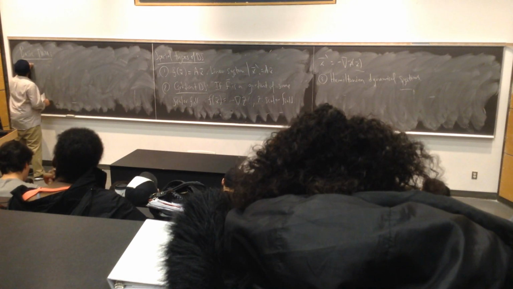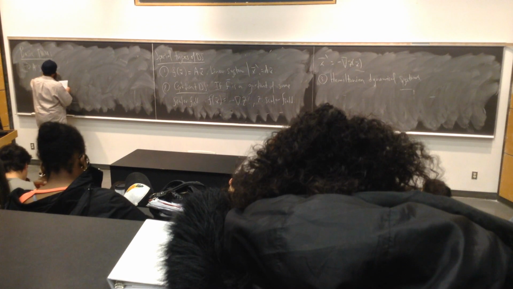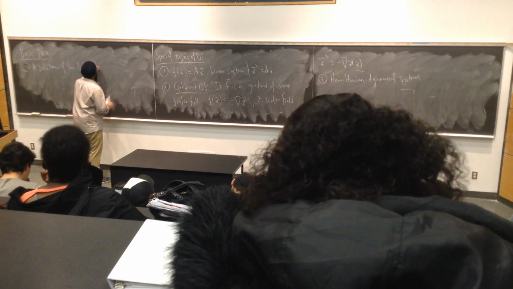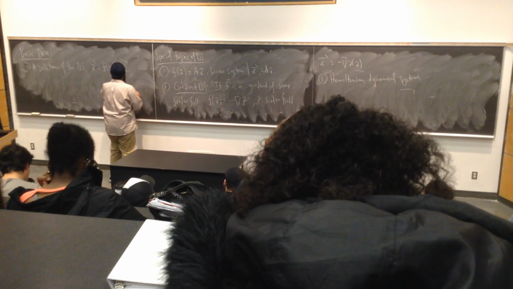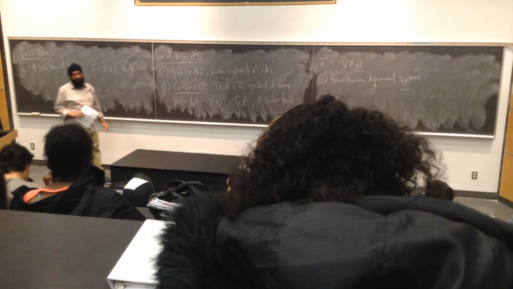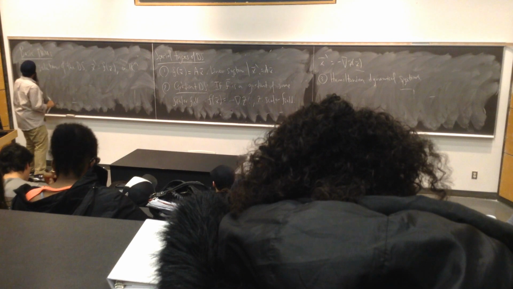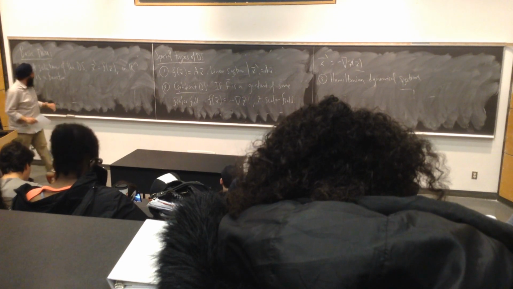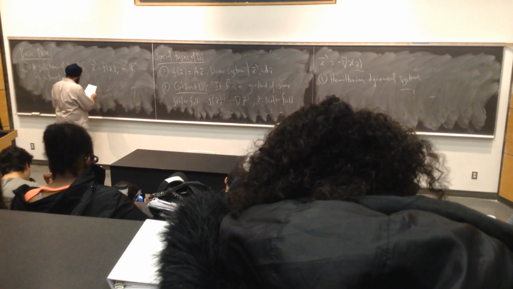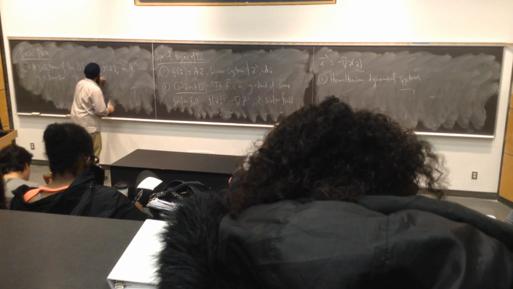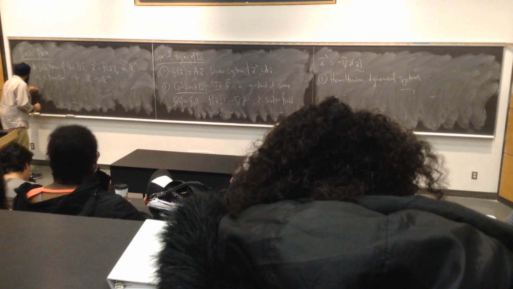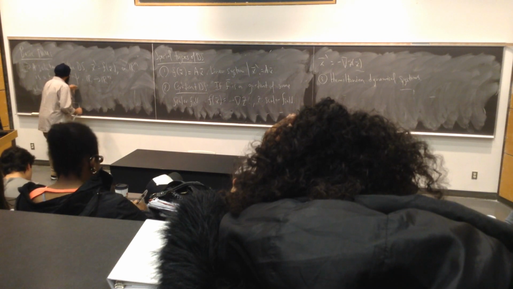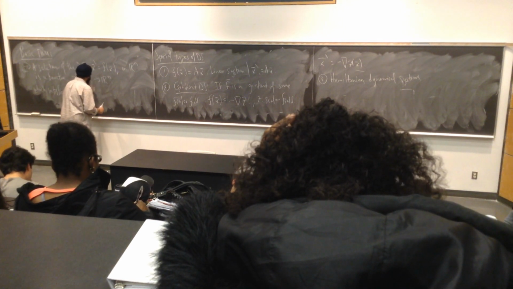Basically, a solution of the dynamical system, x vector prime is equal to f of x, on R^n, so instead of M I'm specifically doing R^n, is a function which I will denote by psi, let's say, that goes from R to R^n, which satisfies psi prime of t is equal to f of psi of t.